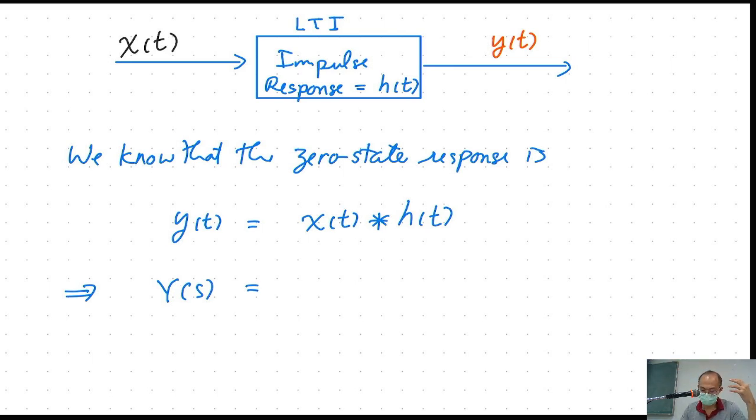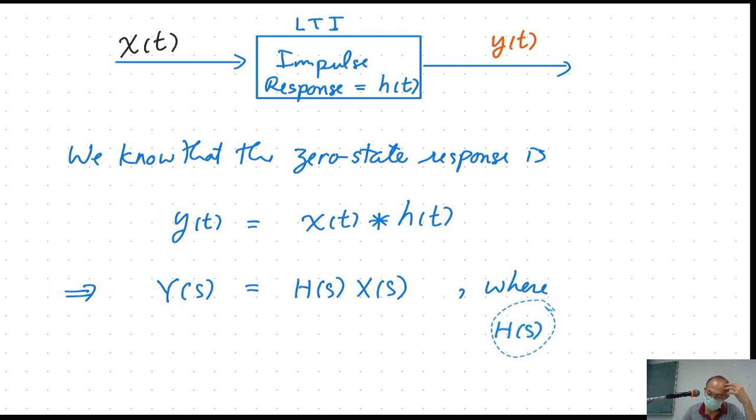So this is equal to H(s) times X(s), where H(s) is defined as the Laplace transform of h(t), the impulse response.